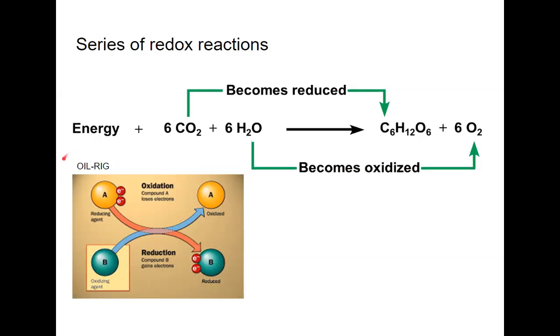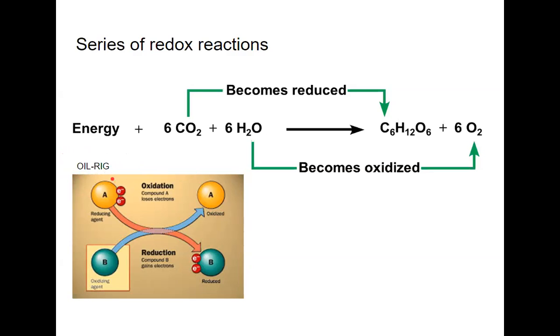One way that a student told me that they remember which is this mnemonic, OIL RIG. So oxidized is a loss, reduced is a gain of electrons. So hopefully that will work to help you recall which is which.